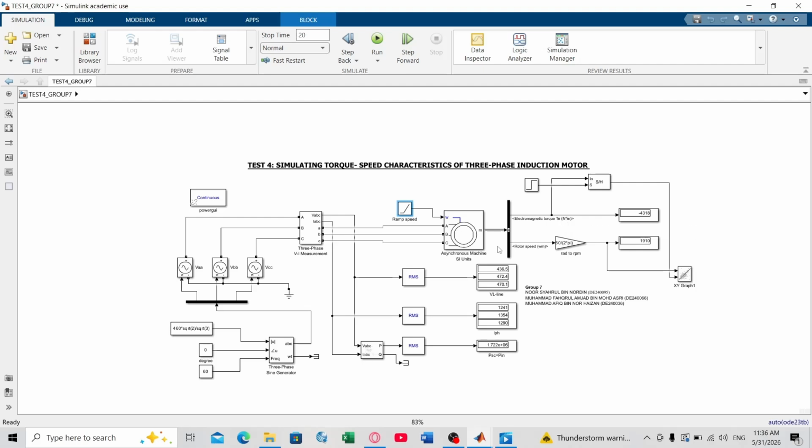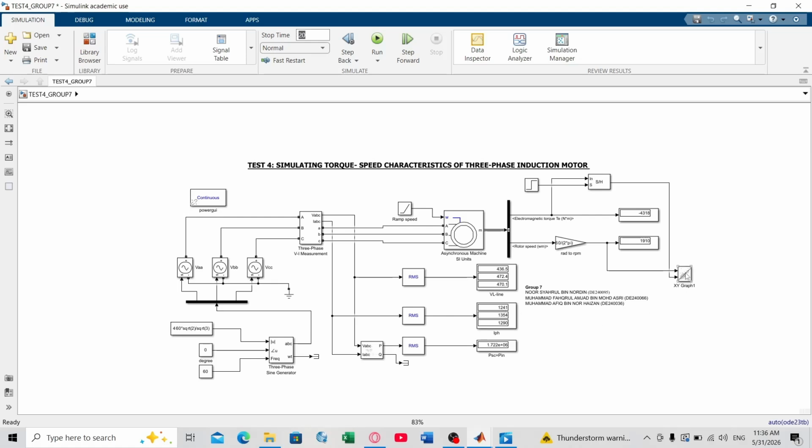For the input we have 160 volt square root 2 over square root 3, and after we run it for 20 seconds, we got the voltage of 436.5, and the IPH is 1 ampere.